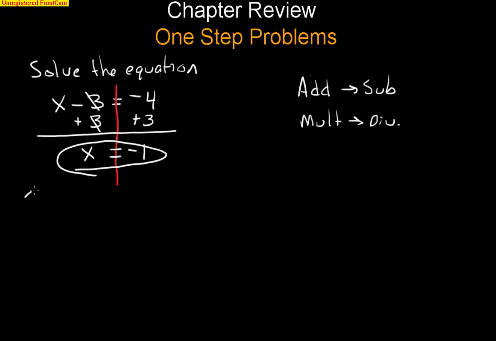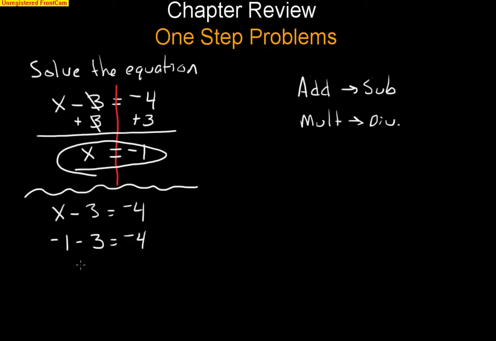I'm going to put a little wavy line here, because I'm going to do the verification real quick. The original equation was x minus 3 equals negative 4. I'm going to plug negative 1 in there for where x was, so that becomes negative 1 minus 3 equals negative 4.